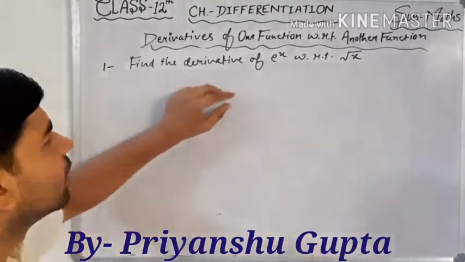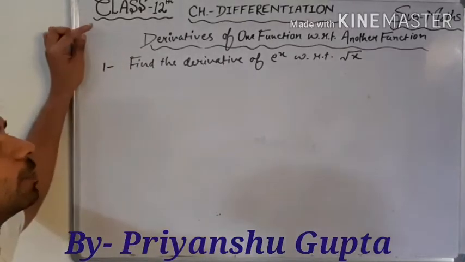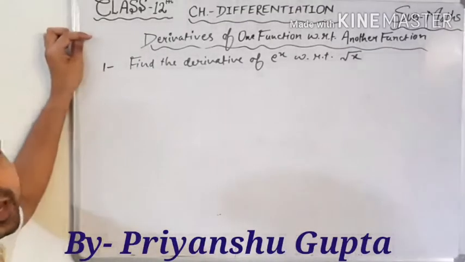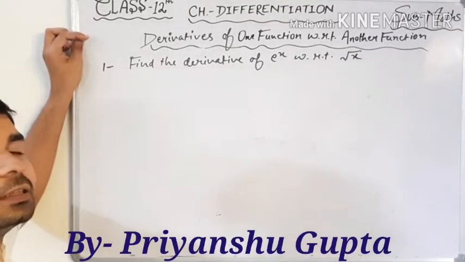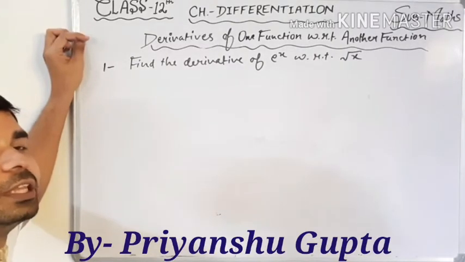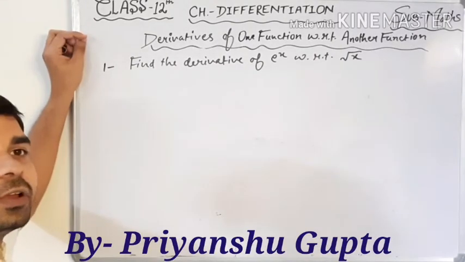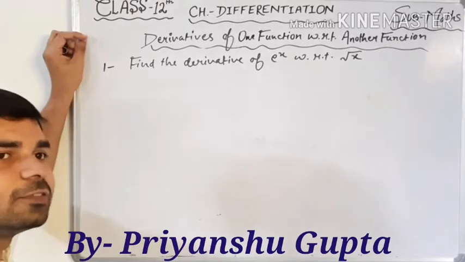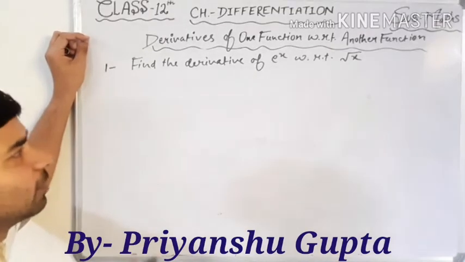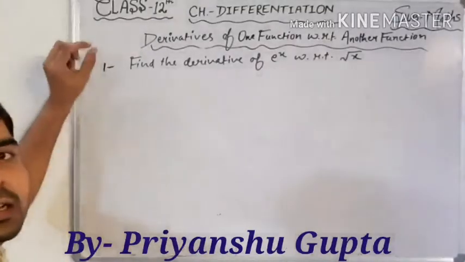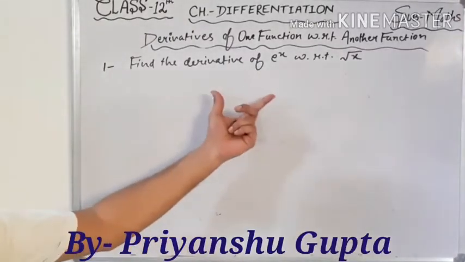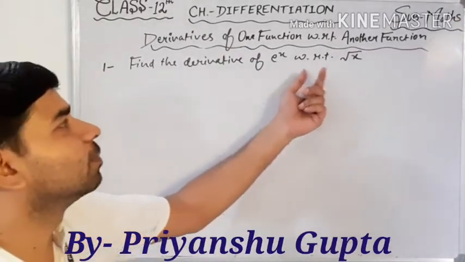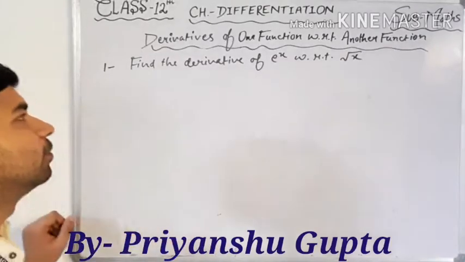Under this topic, you do not find the derivative with respect to x, but the function with respect to which you have to differentiate is given to you in the question. So see how to find the derivative of e to the power x with respect to under root x.